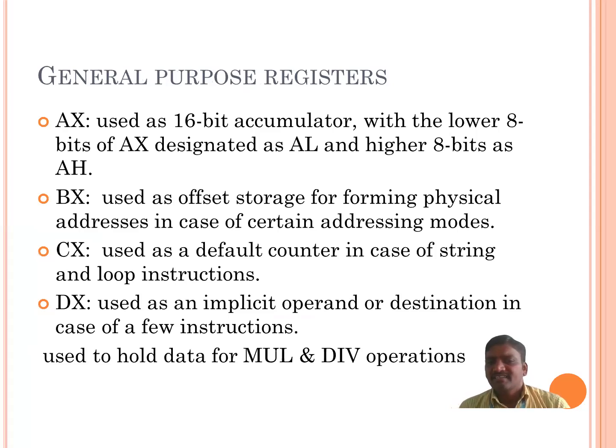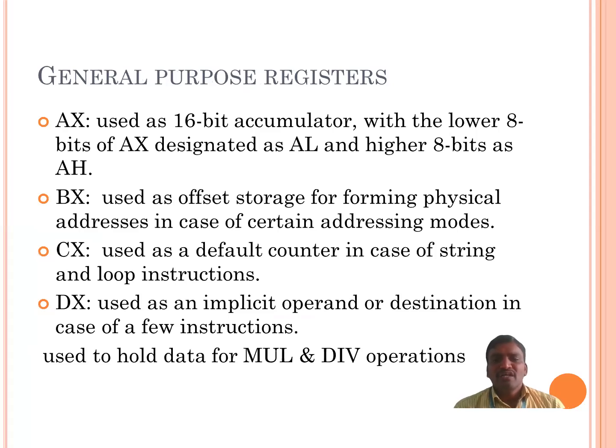Next one is DX. What is meant by DX? DX is the data register. So what is the main use of the data register? Whenever we are performing any ALU operations, in that case, it is used to store the implicit operand or destination. In the case of a few instructions, we are using the data register.